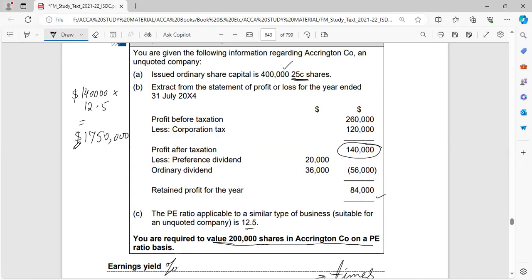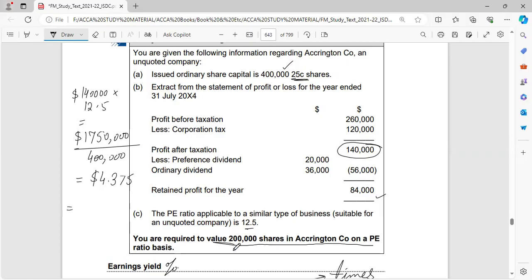Total value of the company divided by what? Divided by 400,000 shares. Per share is 1,750,000 divided by 400,000. Per share market value is 4.375.